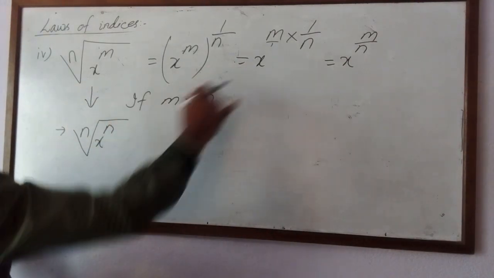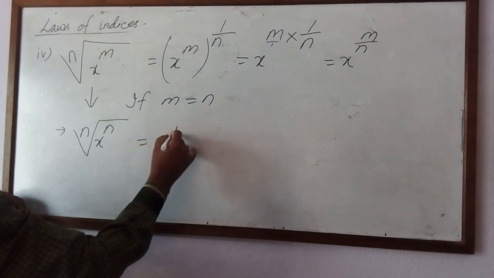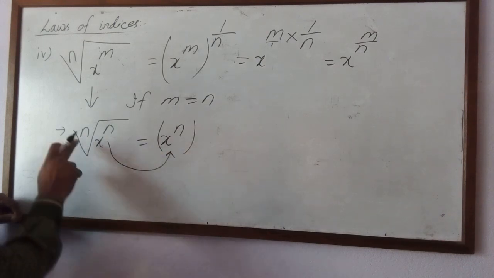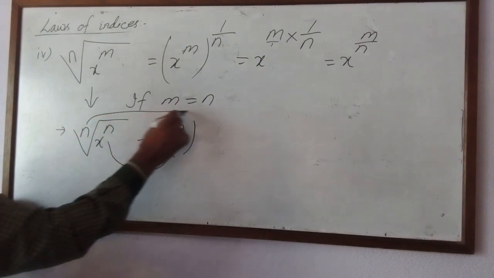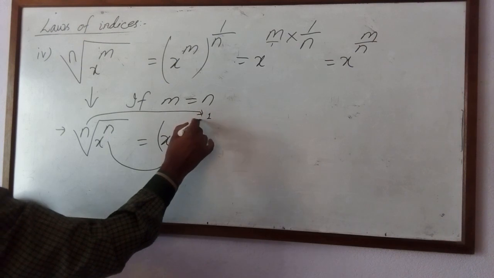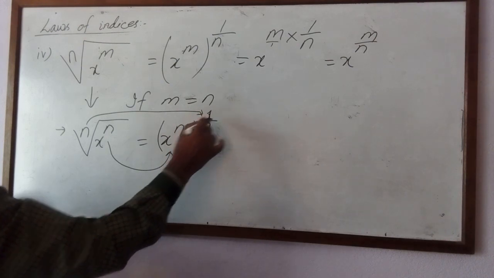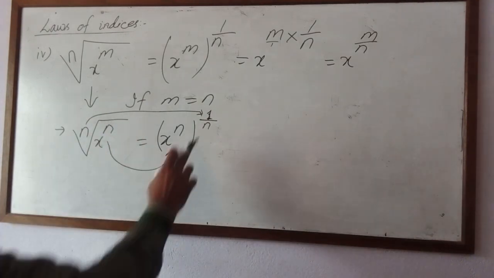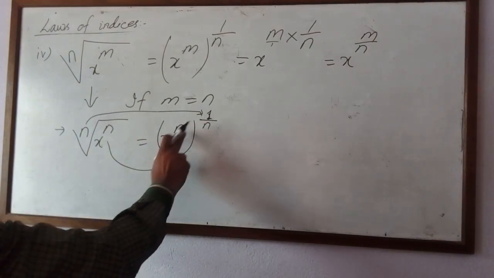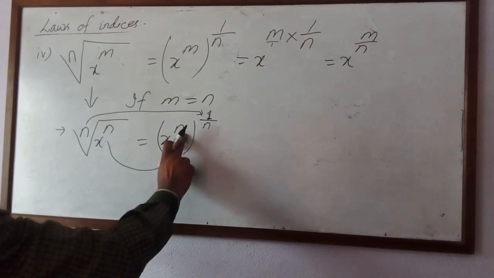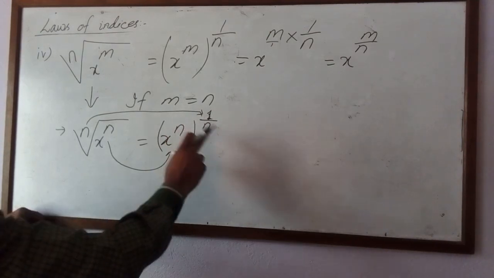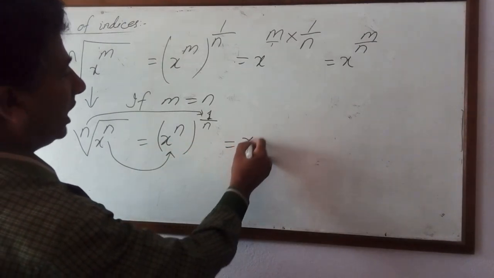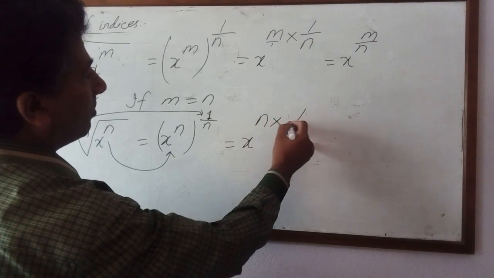Now again, x power n. Here is n, and this n we have to write here as 1 by n, like this. Now external and internal power: this is the outside power, this is inside. External and internal power we can multiply if inside there is a term. x power n times 1 by n.